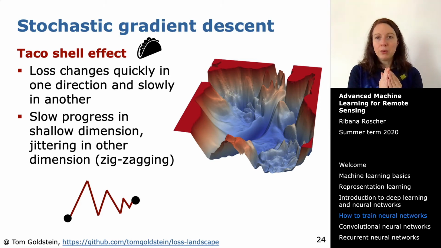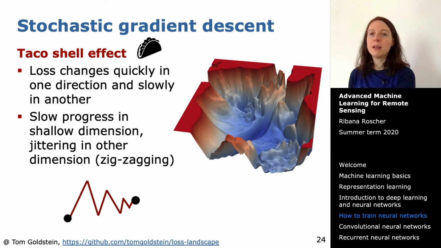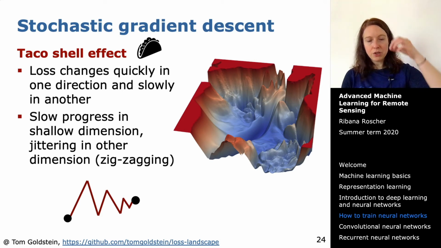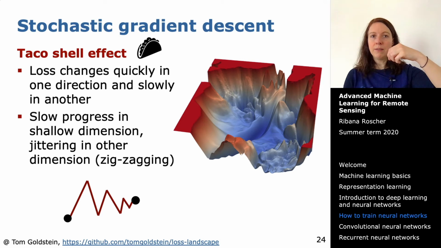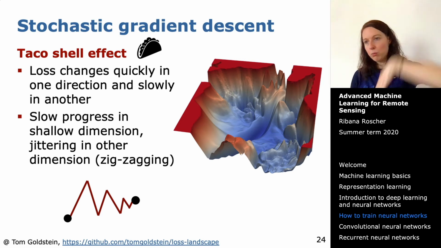When you are somewhere in this taco shell valley, you will observe that if you compute the gradient over a few iterations or a few epochs, the loss changes quickly in one direction and slowly in another direction. So imagine you're on one side of the taco shell, and you have a high gradient in one direction.